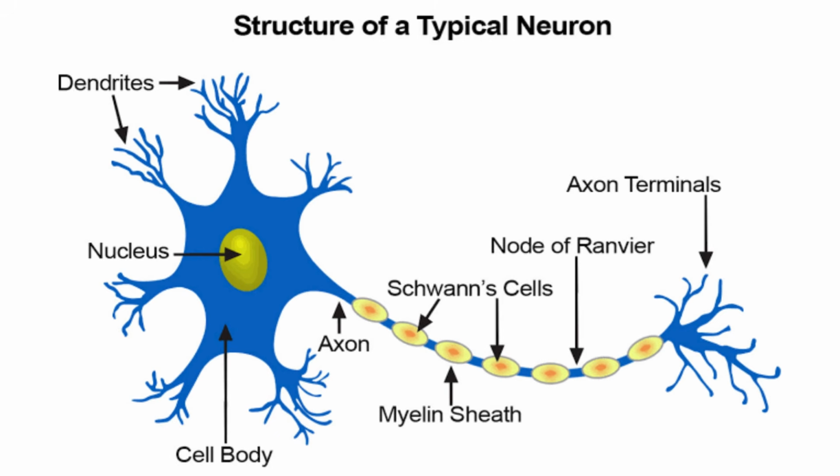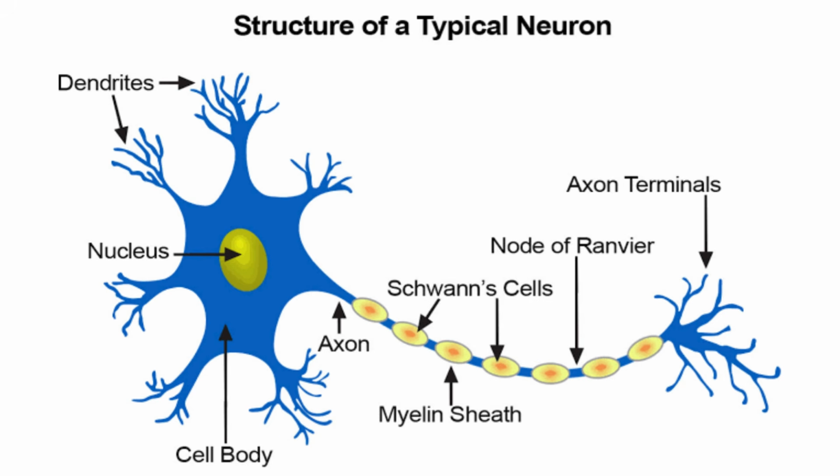Now, a typical neuron or nerve cell consists of 3 major parts, which include the cell body, the dendrites, and the axon. Some neurons have a dendron also. Let's look at these parts one after the other. The cell body. The cell body consists of the nucleus and the cytoplasm.